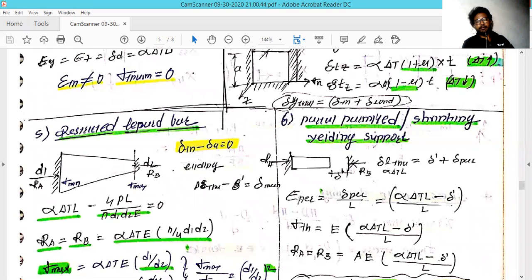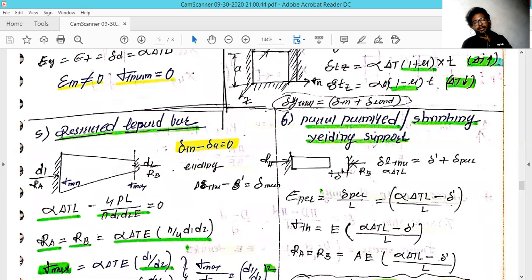Now, if you know the thermal formula, which is alpha delta t into L, and if you move this gap, which is denoted by delta dash, to the left side, it becomes alpha delta t L minus delta dash. So this is nothing but the permissible strain which is developed inside that rod.